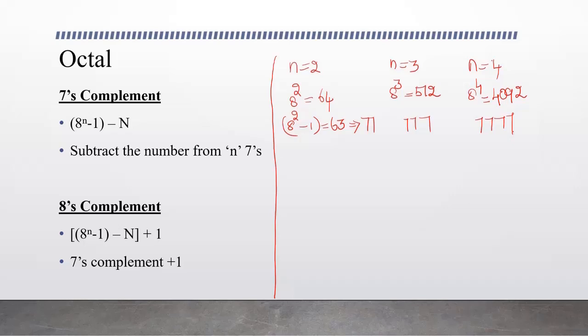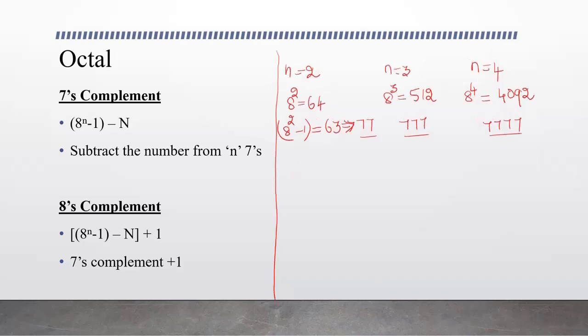So we can simply say here that 7's complement of octal number can be obtained by subtracting the number from n 7's. When n is 2, 2 7's. When n is 3, 3 7's, and when n is 4, 4 7's. So here let's take an octal number 126. It is 8 power 3 minus 1 minus 126, 3 digits.